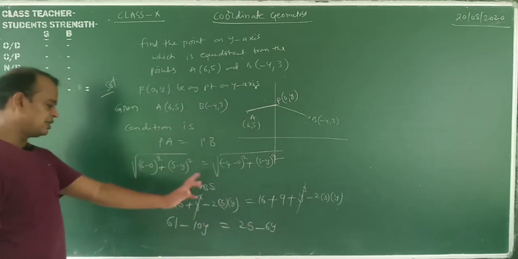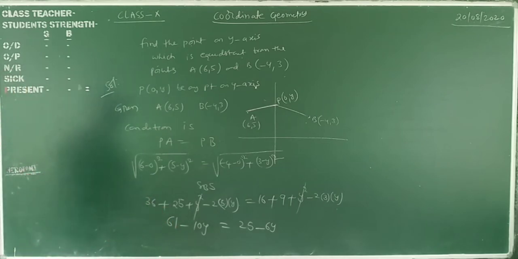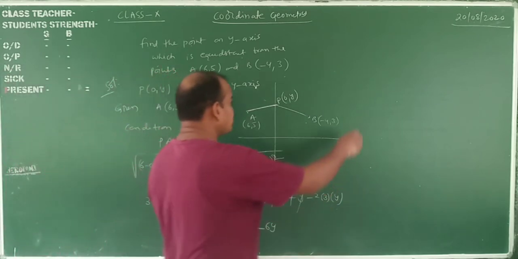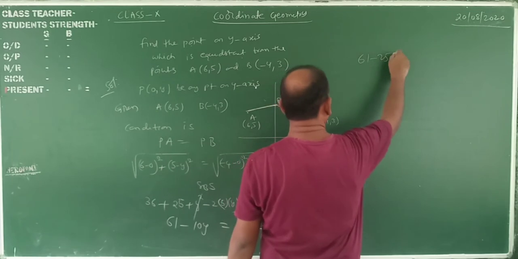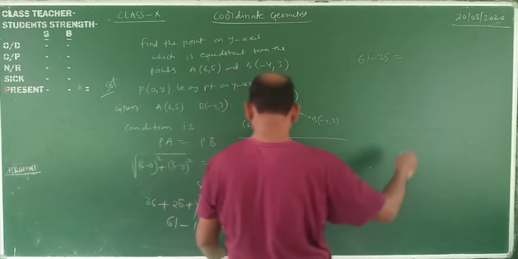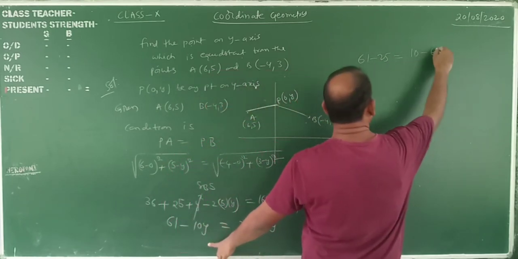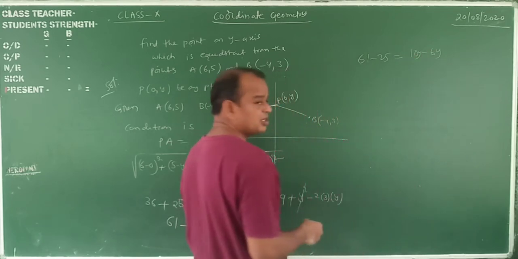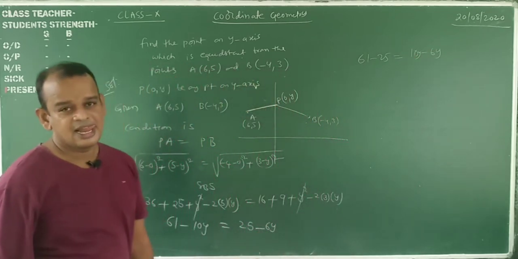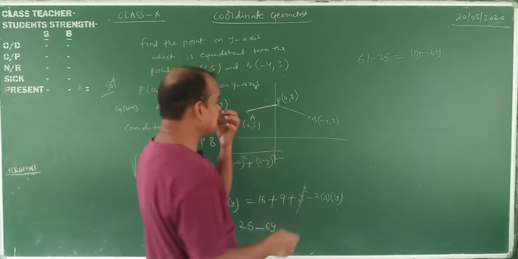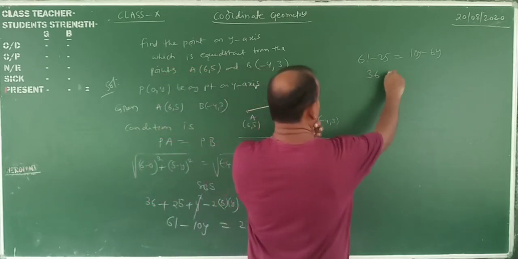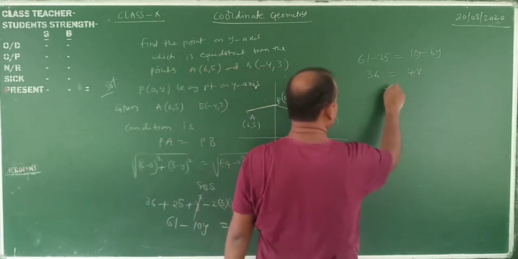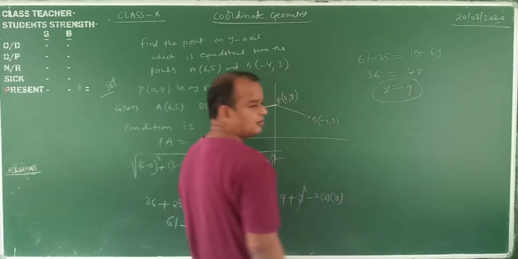Now move minus 10y to that side and 25 to this side. 61 minus 25 is equal to 10y minus 6y. 61 minus 25 is 36. So 36 is equal to 4y. Therefore, y is equal to 9.